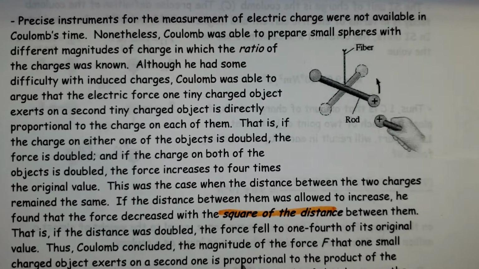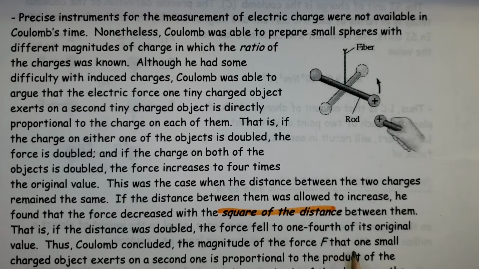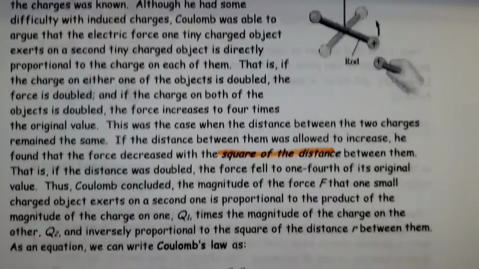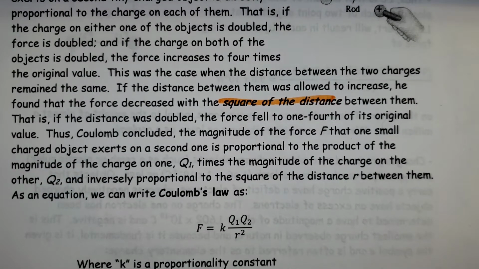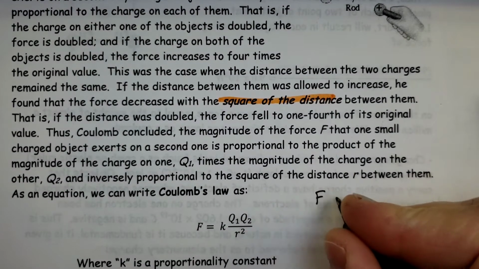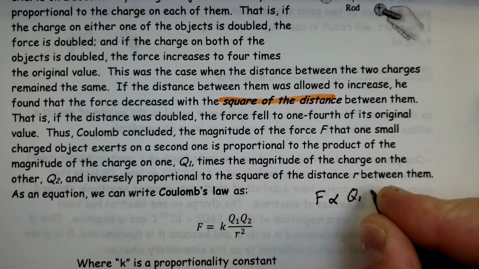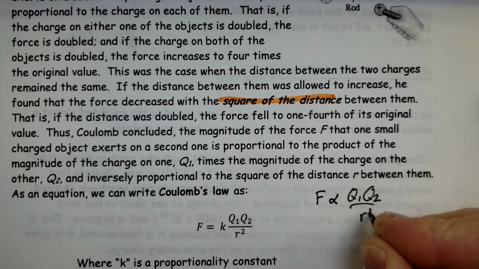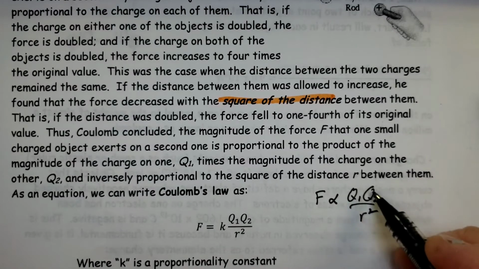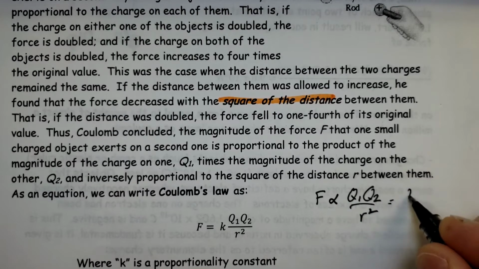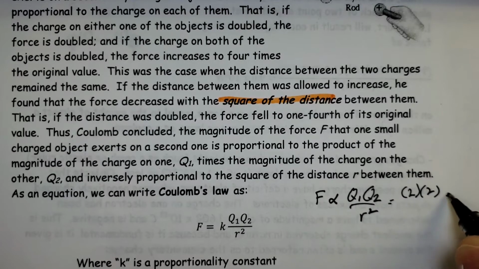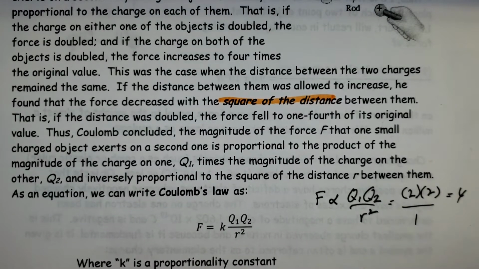Thus, Coulomb concluded the magnitude of the force F that one small charged object exerts on a second is proportional to the product of the charges and inversely proportional to the square of the distance between them. So originally, force is related to Q1 Q2 over r squared. So if, let's say, these charges become doubled, 2 times 2, that's 4 times as great, if I leave the radius the same.